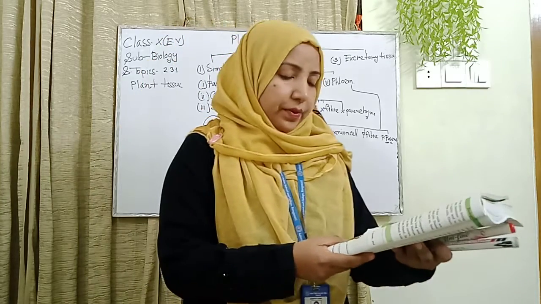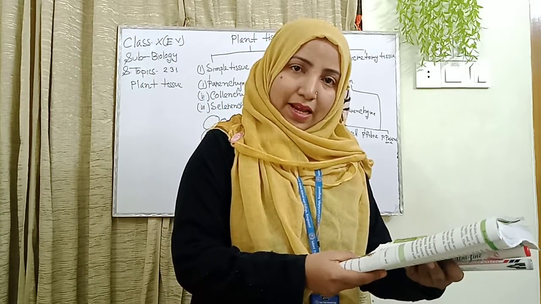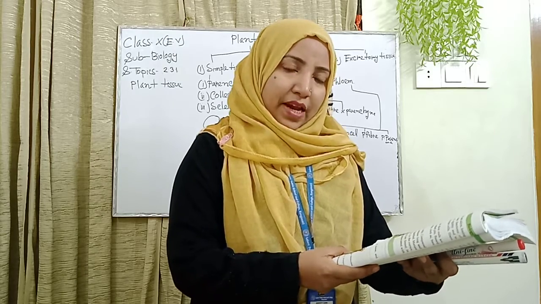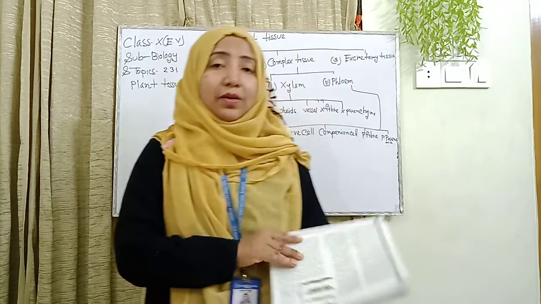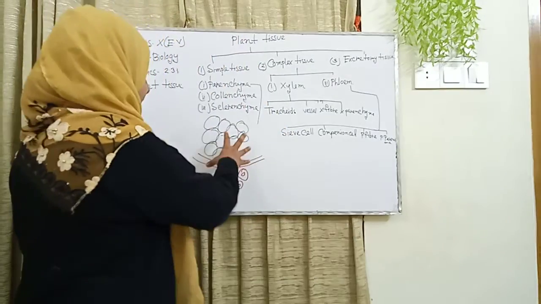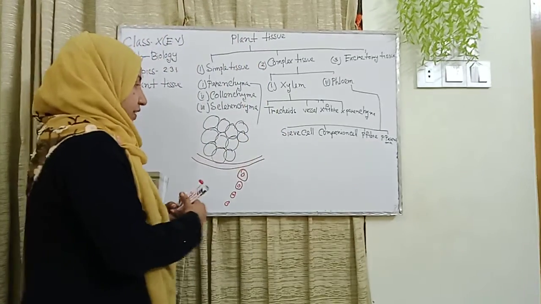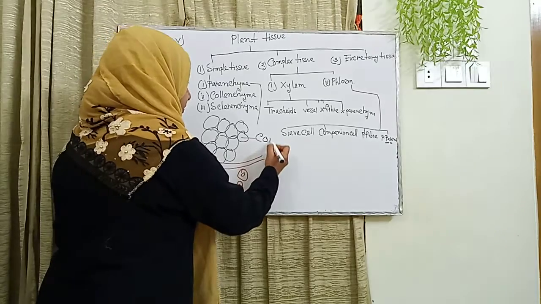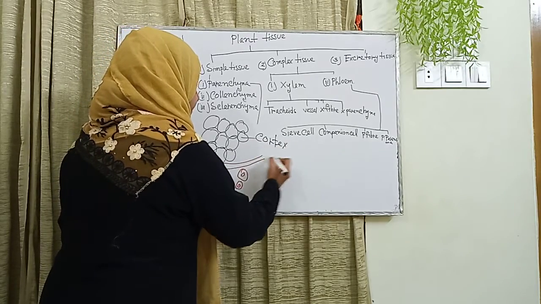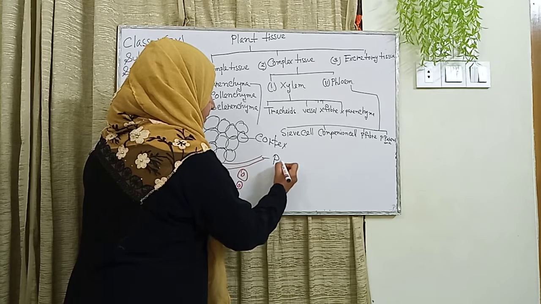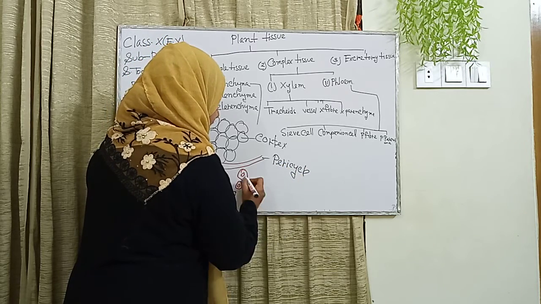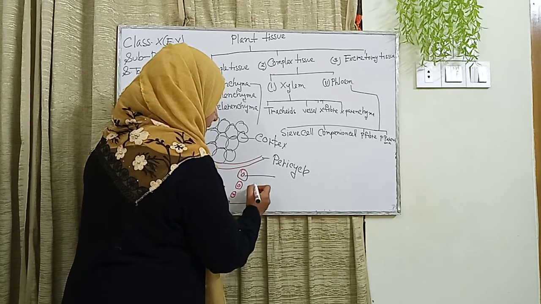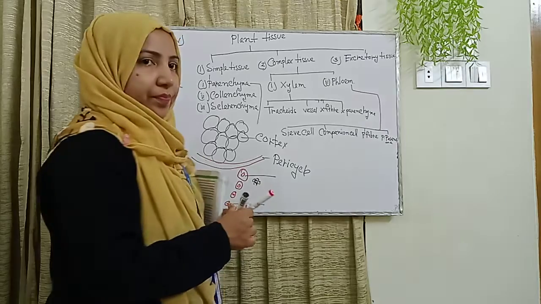They can be grouped into two types, xylem and phloem. Xylem and phloem together form the conducting structure of the vascular bundle. This structure is the vascular bundle. First is cortex, second is pericycle, and third is metaxylem and protoxylem, and here a very little bit of phloem.